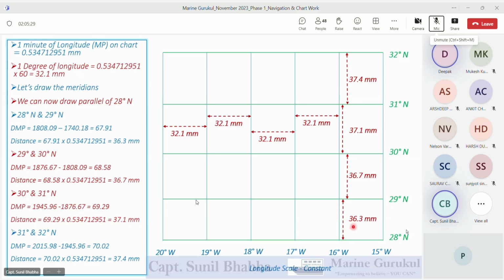And you can now see the gap between the parallels is gradually increasing as the latitude increases. So we have the full graticule showing the meridians as well as the latitude, and that completes our construction of the Mercator chart.